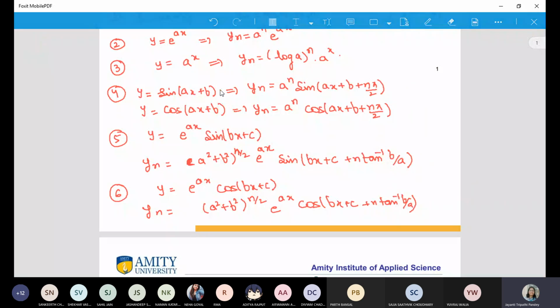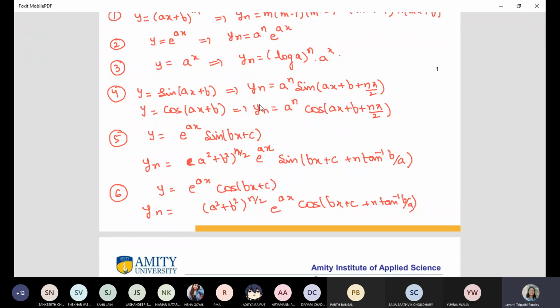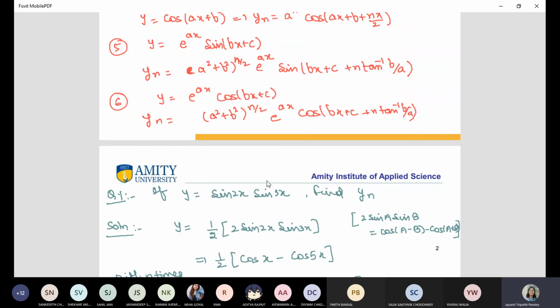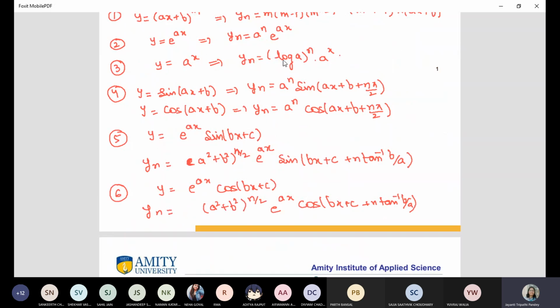If this is for sine ax plus b, and this is for cos, that is a to the power n cos ax plus b plus n pi by 2. When you are focusing on cos x, what is a? A is 1. You have no b and a is 1. So what will you get here? 1 to the power n cos x plus n pi by 2.